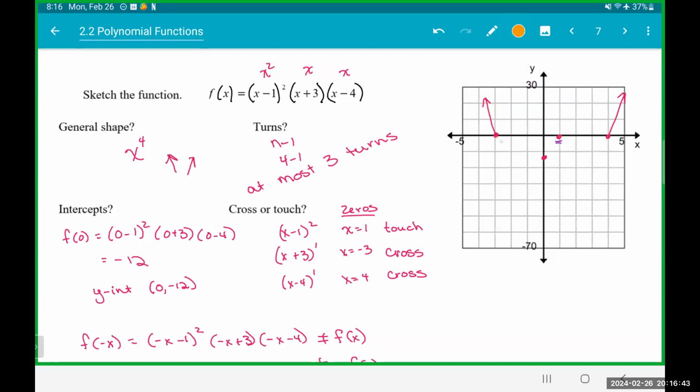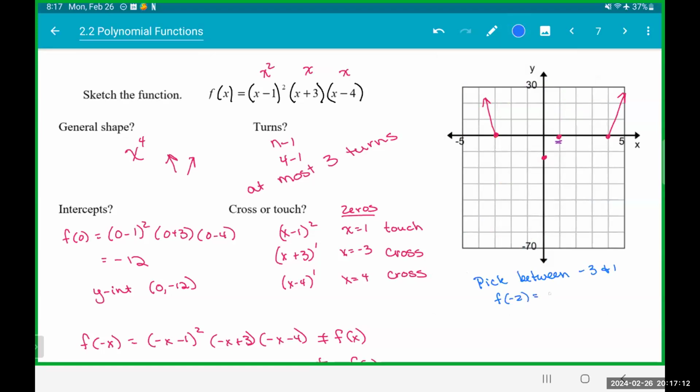But let's pick one point in this space and a point in this space to give us a little more definition to our graph. If we pick a point between, let's say, negative 3 and 1, let's pick negative 2.